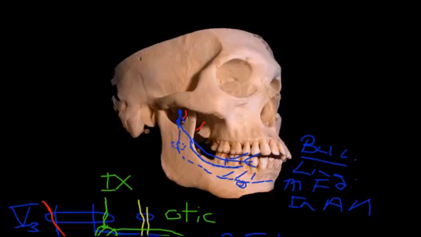Remember, I also said there was one other branch, the auriculotemporal branch, that comes out sort of out here. Let's try that again. Remember I said there's one other branch that comes from here, out through and around the back of the temporomandibular joint to supply sensation up here, and that was called the auriculotemporal nerve.